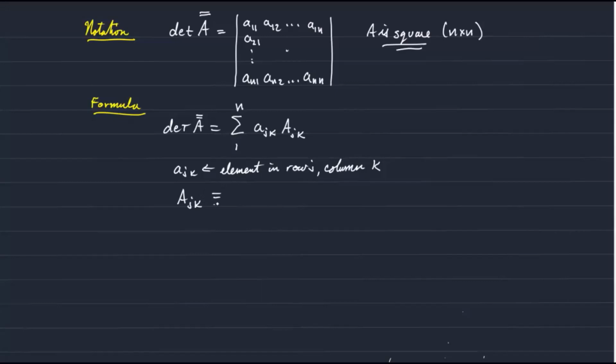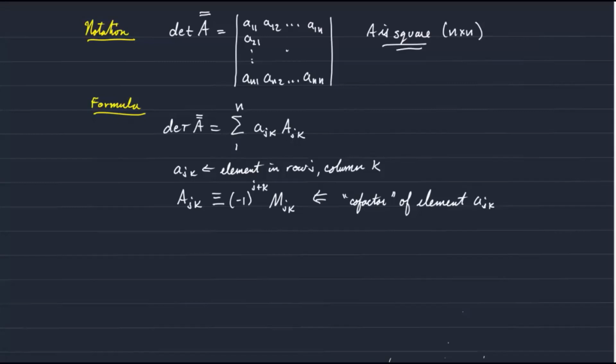is defined as -1 to the J plus K power and M_jk. So capital A_jk is what is called the cofactor of element a_jk, and we're defining things as we go here.